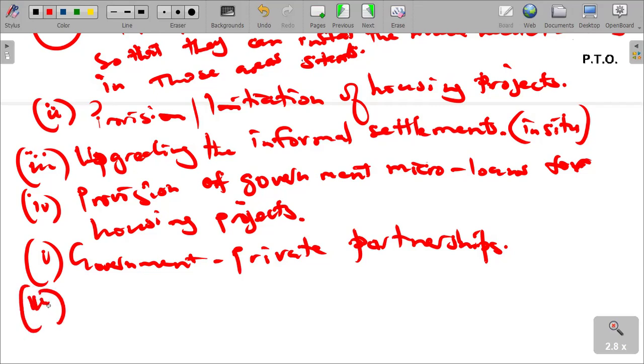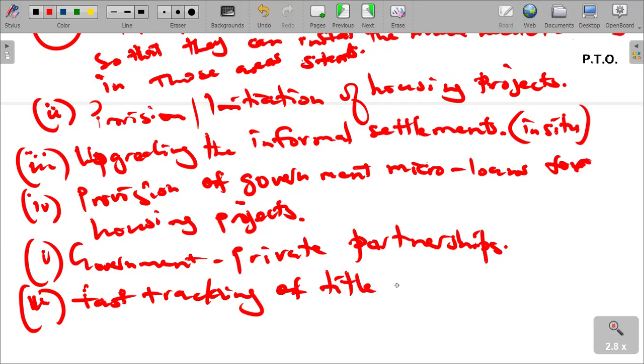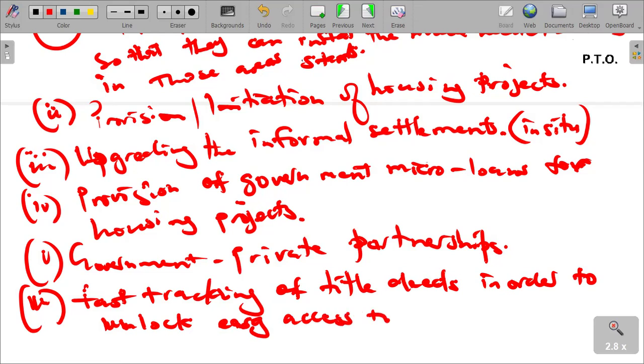We can also talk about the fast tracking of land reform, the fast tracking of title deeds, in order to ease access to bank credit.